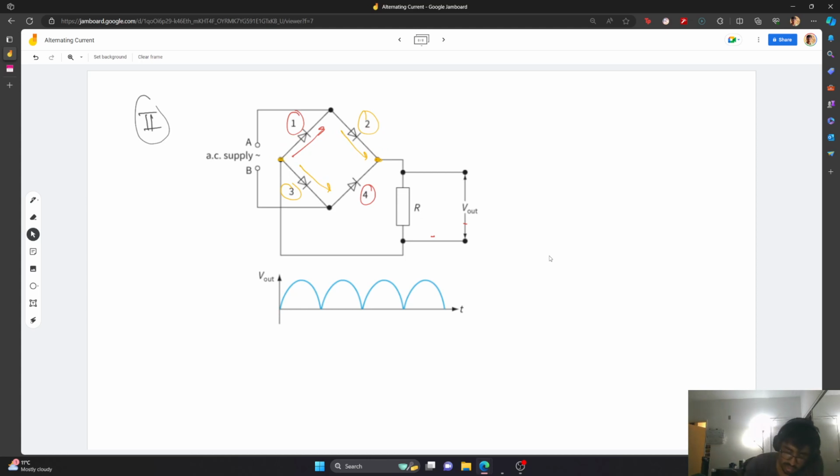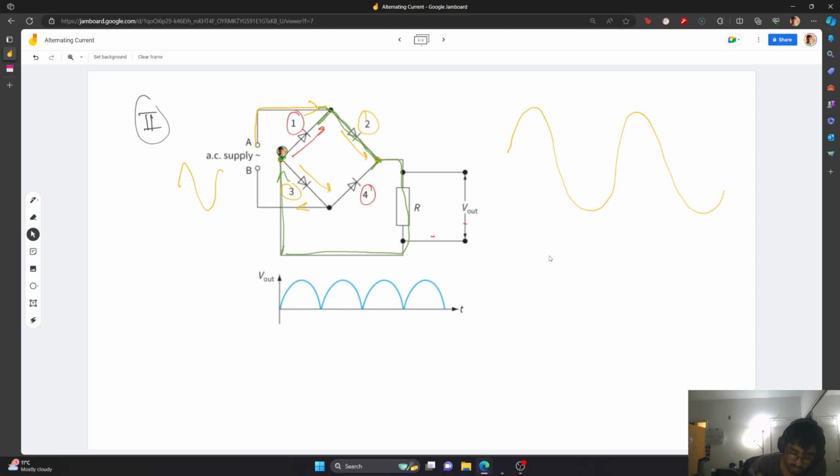So let's see, your AC signal is your sinusoidal signal, right? When the current is trying to flow like this, it has a path where it won't go towards this diode because this is opposite to the flow, so it goes towards 2. Then it can't go towards 4 because that's blocked, so it goes through the resistor, then goes towards the 3 terminal.